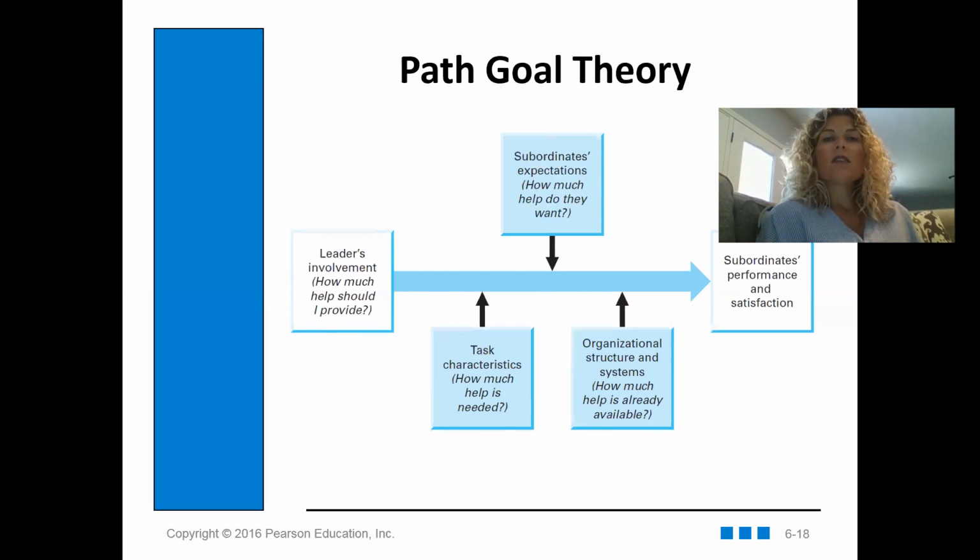And so some of the things that the path goal theory looks at is, as a leader, how much should I be involved, right? I can assess that because I don't want to be a micromanager. I don't want to be nowhere to be found when they need me, right? So how much should I be involved? Some things that the path goal theory says you should consider is I need to understand the tasks that my employees are performing.